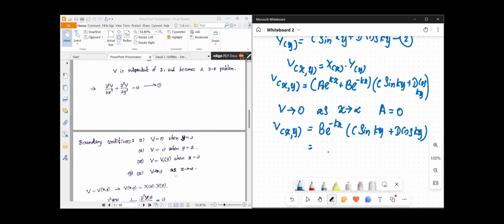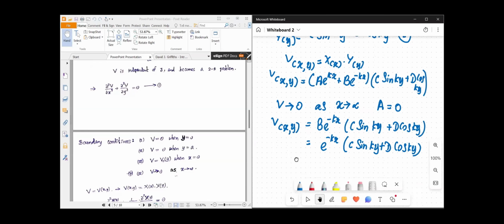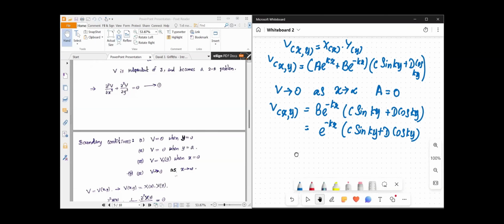Then I can reduce this equation to e to the power minus kx times, now b times c, so I will just use the constant c there, c sine ky, plus b times d is also a constant, so I'm going to use the constant d there, d cos ky. Now, starting from four unknown constants, we have reduced to two unknown constants. Okay, is it clear? Any questions up to this point?